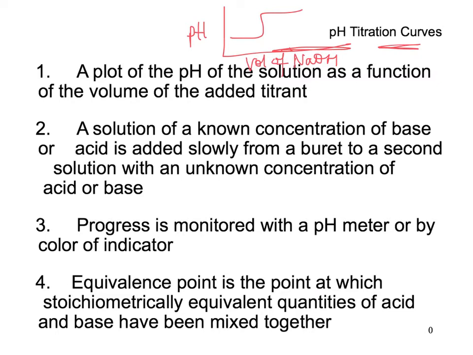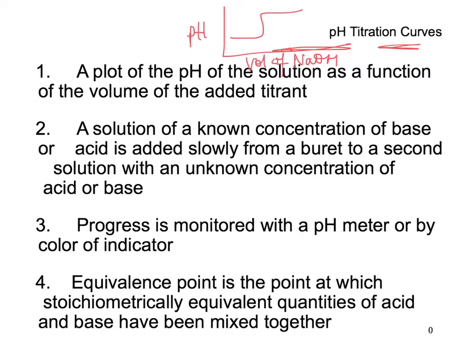And so you can look at the kind of curve that you have obtained, and you can even make predictions. If you had no idea about the experiment, you would still be able to tell whether it was a strong base, strong acid type of experiment, or a weak acid, strong base, or a weak base, strong acid, or what.